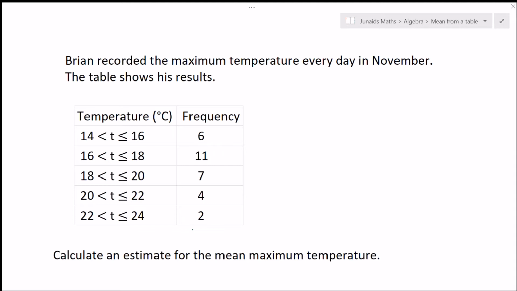In this video, I'll be showing you how to estimate the mean from a frequency table or grouped data.